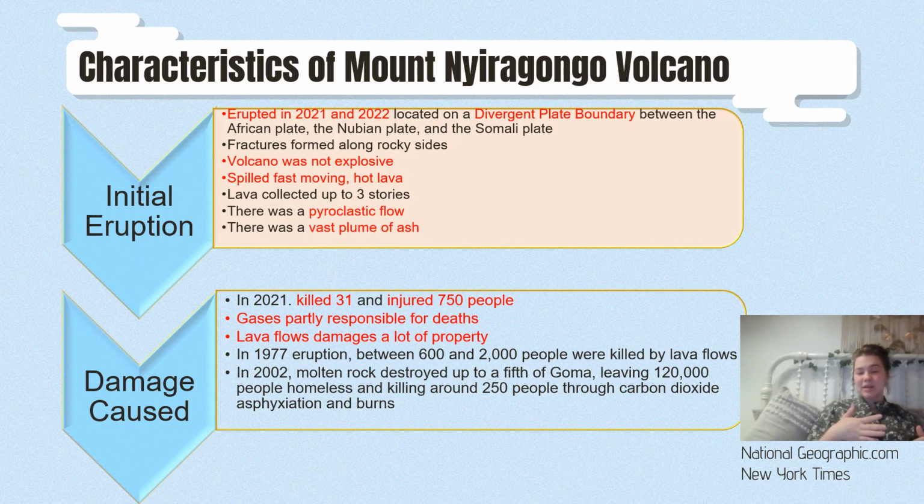As far as damage and fatalities, there were 31 people killed and 7,050 people injured. The reason for these deaths was mainly gas, and the lava caused a lot of property damage as well.